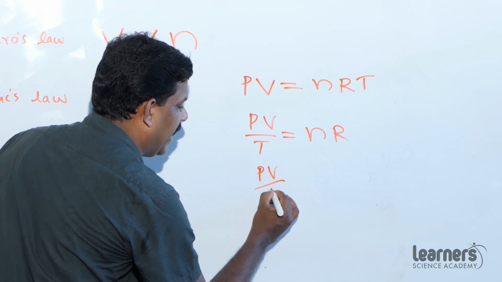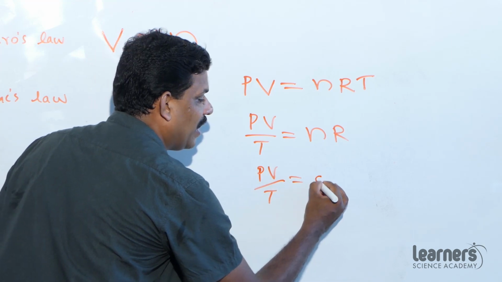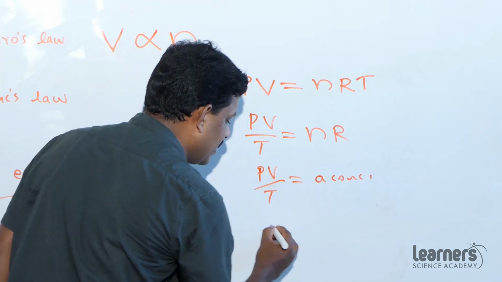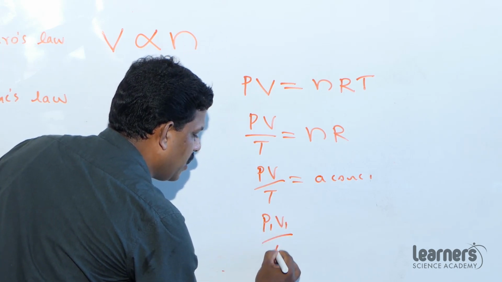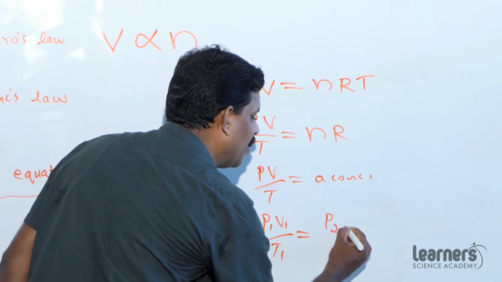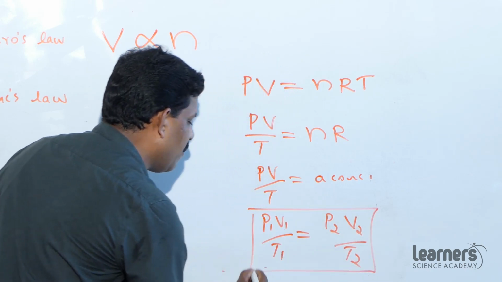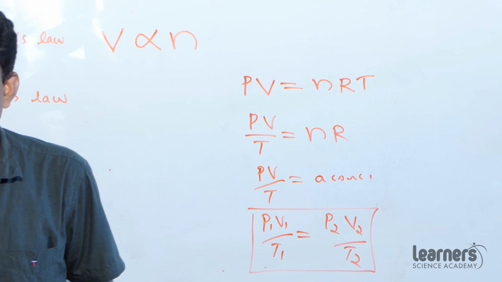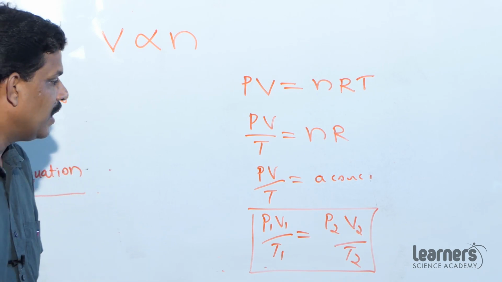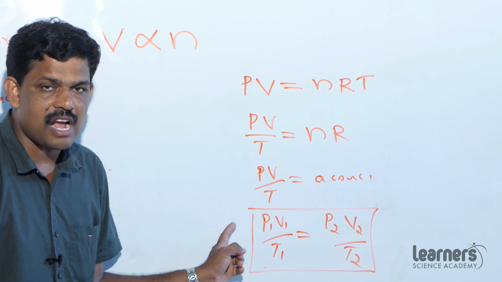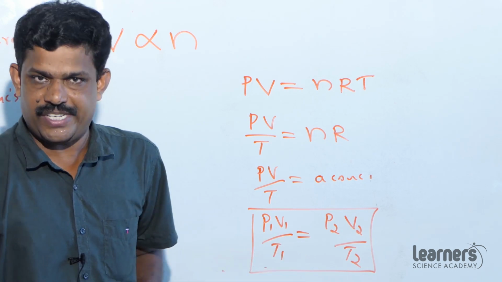Thus PV by T is equal to a constant. Hence P1 V1 by T1 is equal to P2 V2 by T2. This is known as the combined gas equation.